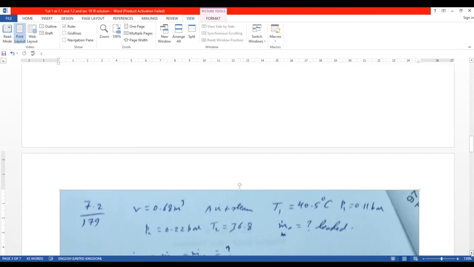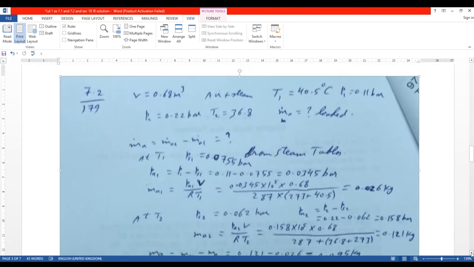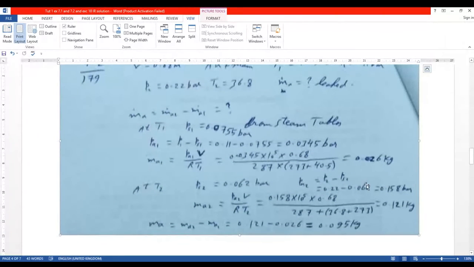Now, M dot A equal M dot A2 minus M dot A1. Sorry, not M dot here because no flow rate, it's only mass. So it's mass, no dot there. MA equal MA2 minus MA1. It can be, of course, a flow rate if the volume is changing with time, but here it's only given volume, not volumetric flow rate.